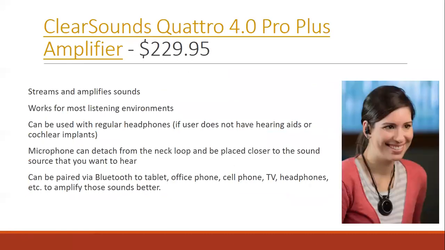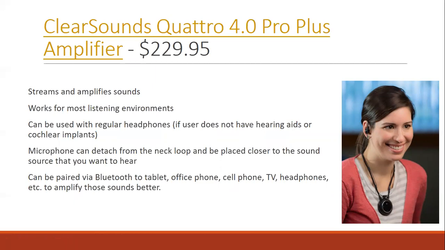So there's also the ClearSounds Quattro 4.0 Pro Plus Amplifier. So I'm going to showcase this one, but it's an amplification device that goes around the neck here, and then it has Bluetooth capability, so it can attach to headphones, either plug in or through Bluetooth.